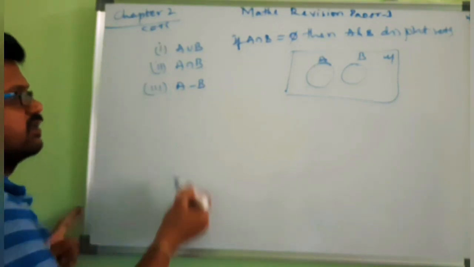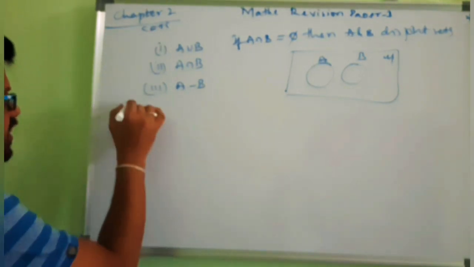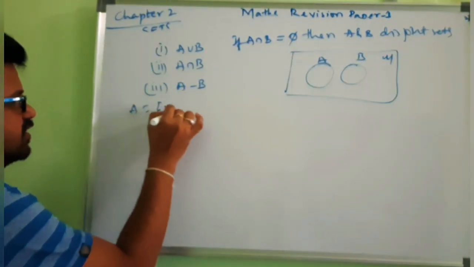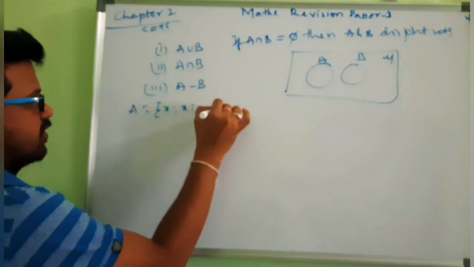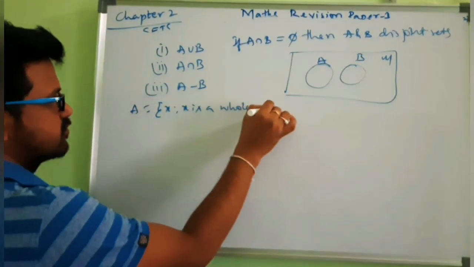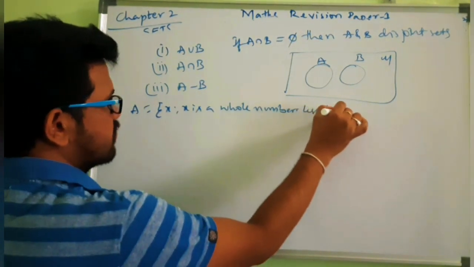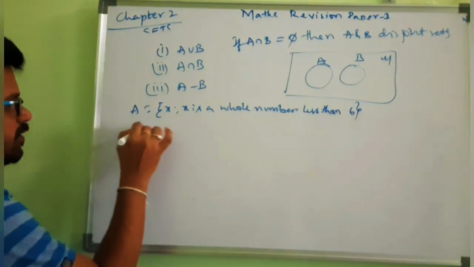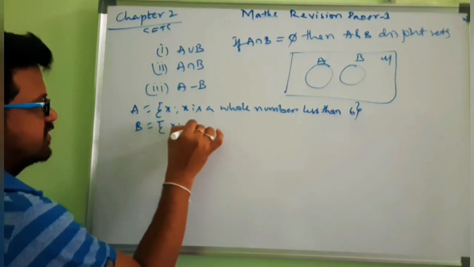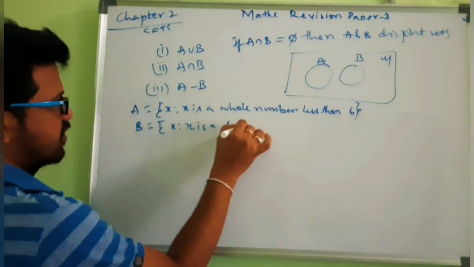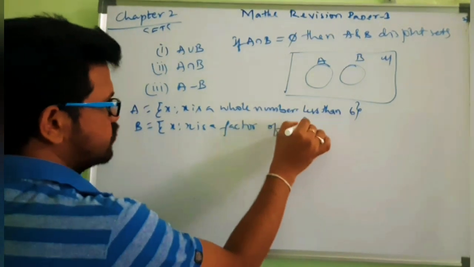Right. So here they will ask one question. A is x such that x is a whole number less than 6, and B is x such that x is a factor of 12.